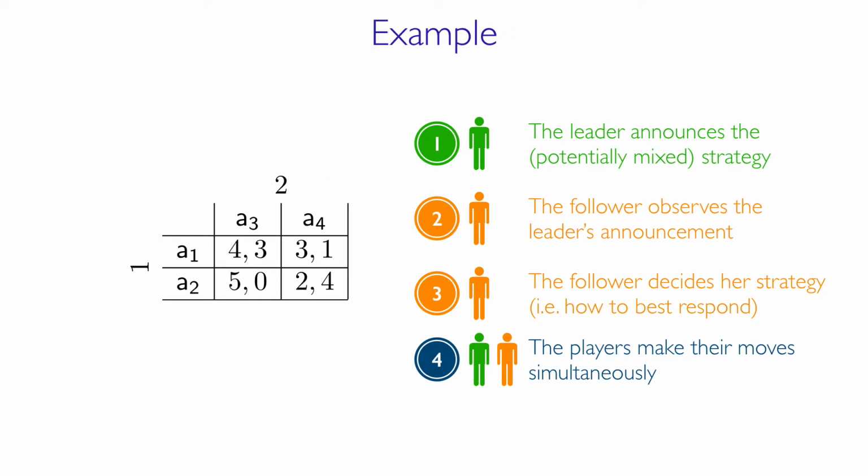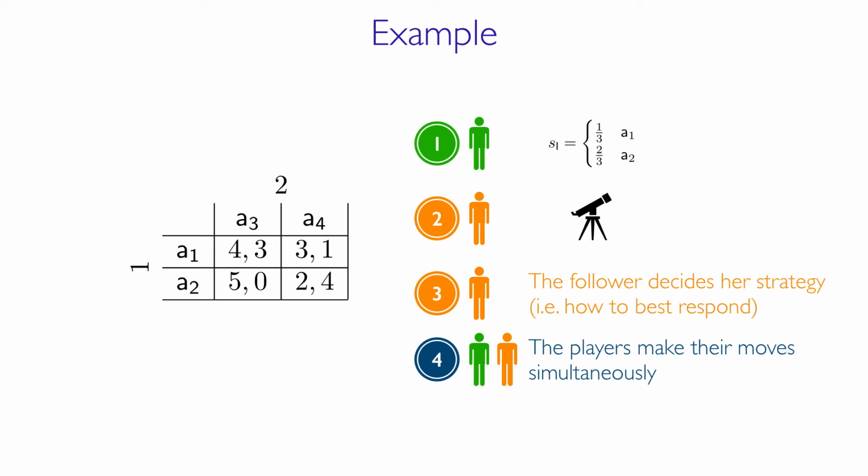For a better clarity, we report an example. Suppose that the leader announces the strategy reported in the slide. That is, to play A1 with 1/3 and A2 with 2/3. Such a strategy is not optimal, but it is useful for our example. The follower observes the strategy of the leader.